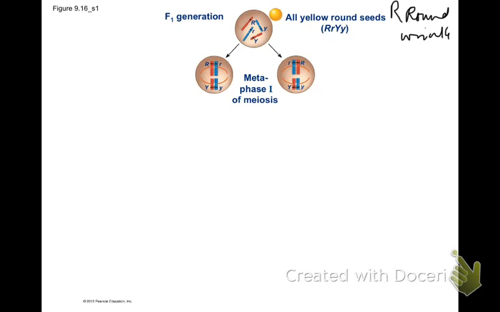Round is a capital R, wrinkled is a small r. And then yellow colored seeds, which is capital Y, and green colored seeds, which is a small y. The interesting part was that they were present in different chromosomes.